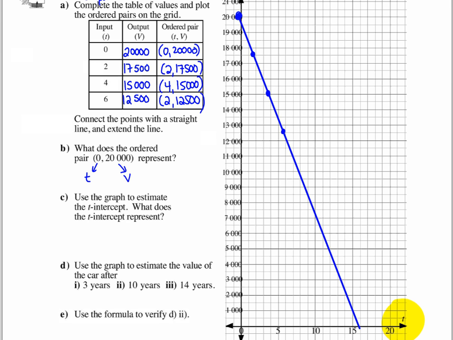Value. So, what does that point represent again? We talked about it already. Do you remember what this point represents? Initial value of the car. Right, when time is 0.